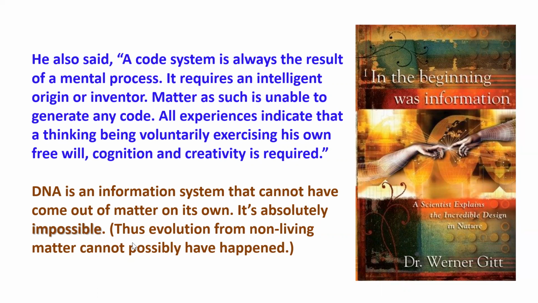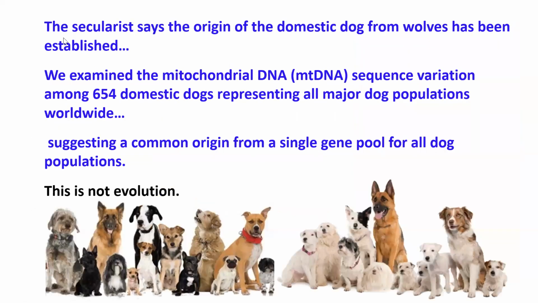So we see that DNA is an information system that cannot have come out of matter on its own. It's absolutely impossible. And so evolution from non-living matter cannot possibly have happened. Okay. So that is the beginning part.